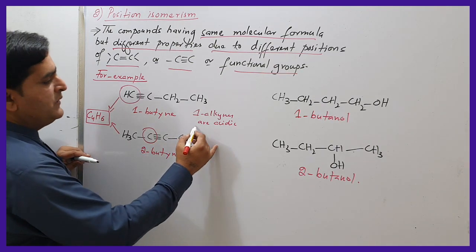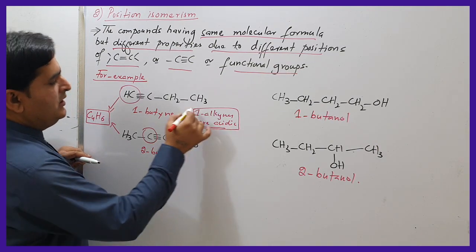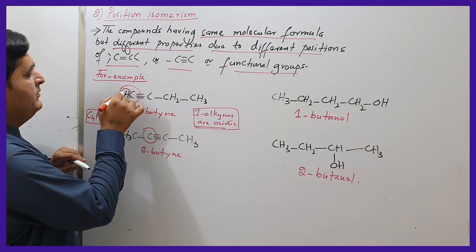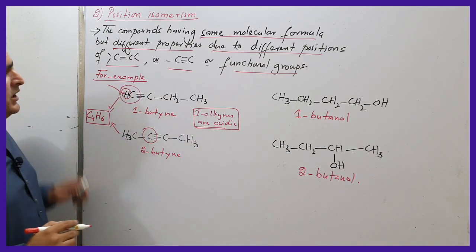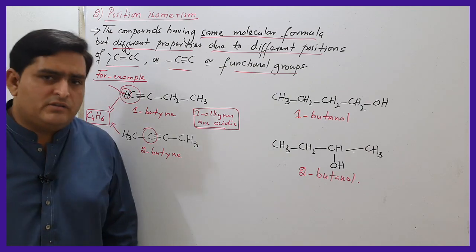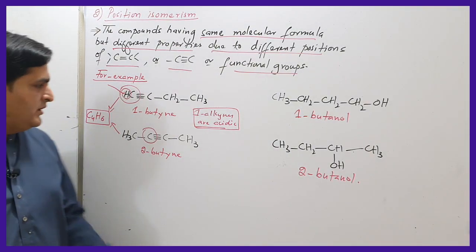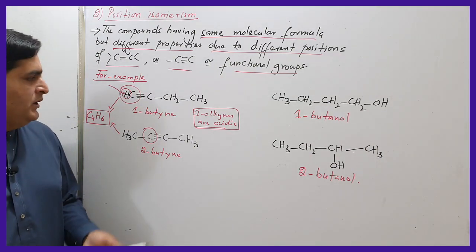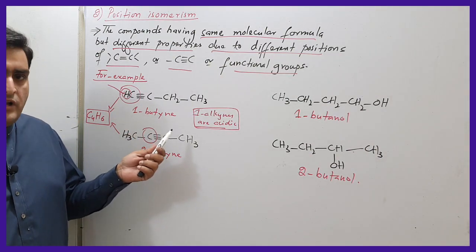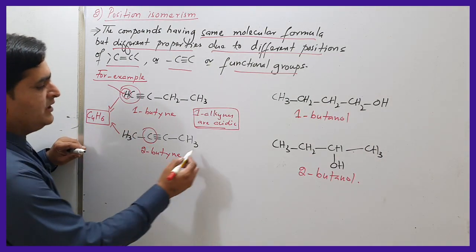The acidic alkynes have a replaceable hydrogen atom. This hydrogen atom can be replaced by certain heavy metals such as silver or copper, and it can also be replaced with sodium.